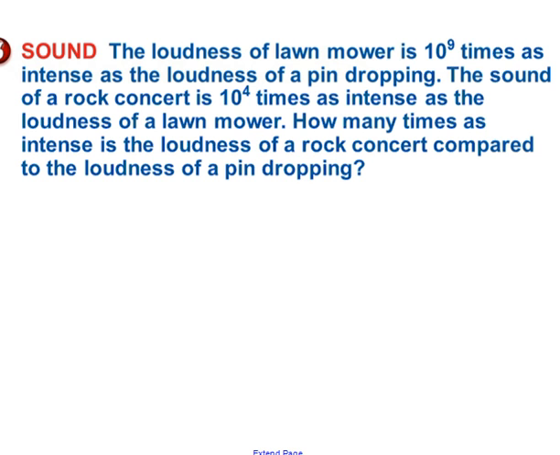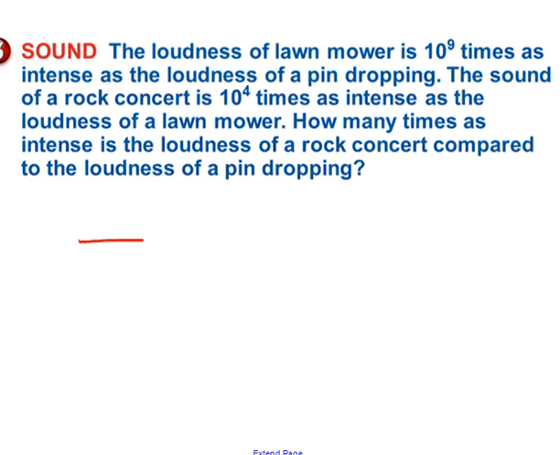The loudness of a lawnmower is 10 to the 9th times as intense as the loudness of a pin dropping. The sound of a rock concert is 10 to the 4th times as intense as the loudness of a lawnmower. How many times is the intensity of the loudness of a rock concert compared to the loudness of a pin?